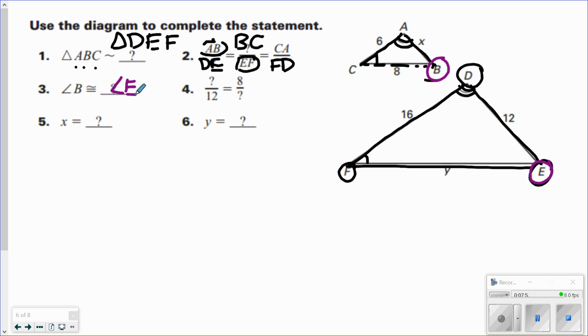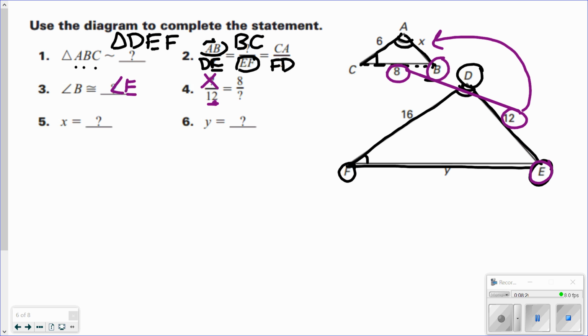Number 4, blank over 12 is equal to blank over, 8 over blank. So 8 is here and 12 is here. All right, since 8 is with the small triangle, and 12's in the denominator here, I need to see which side 12 corresponds to, and I notice that it corresponds to X. So X needs to be here.